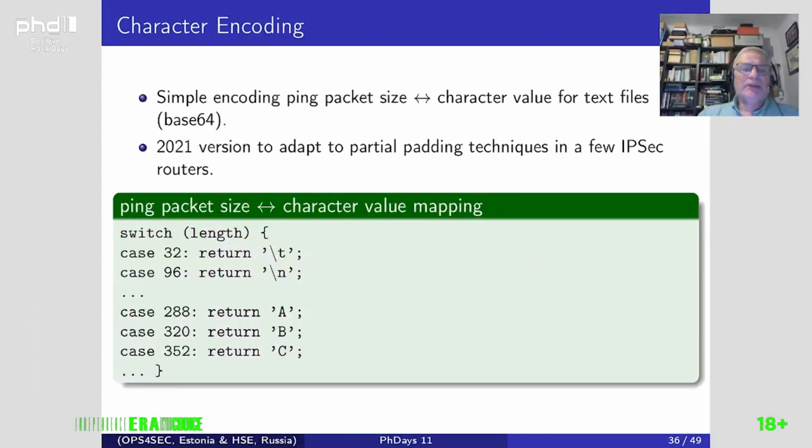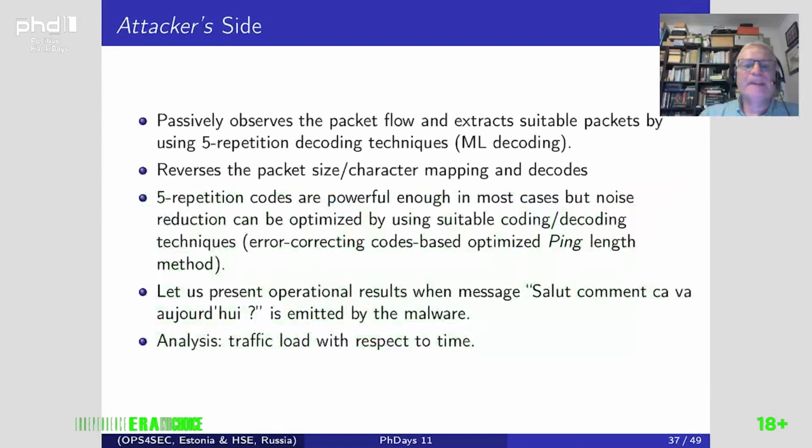Here is a simple version. For example, a packet size of 32 bits will return this character, and so on. This new equivalence was built last year in order to adapt to some IPsec routers, compared to the 2008 version.